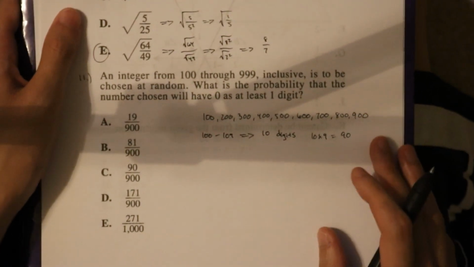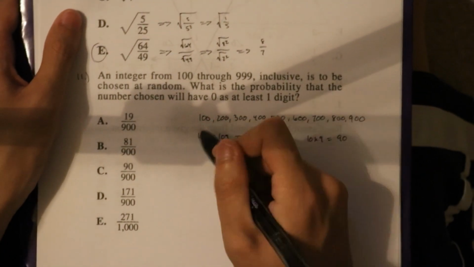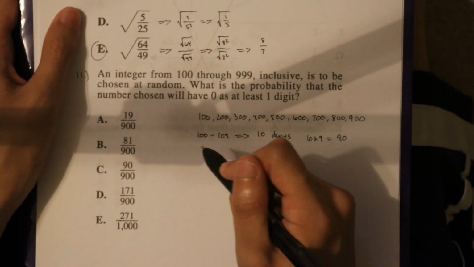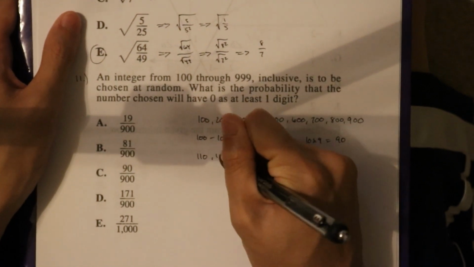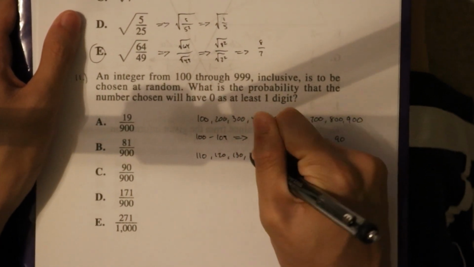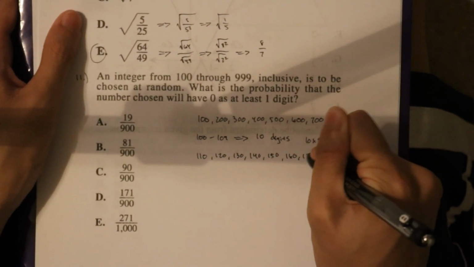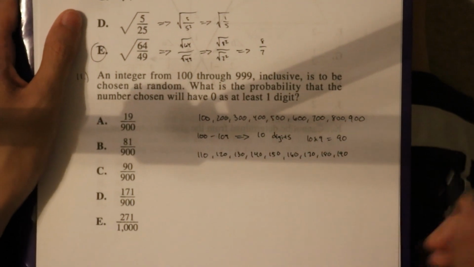Now let's focus on the 0 as the units digit. So now we have 110, 120, 130, 140, 150, 160, 170, 180, and then 190.